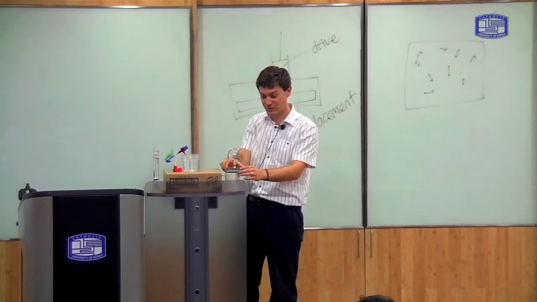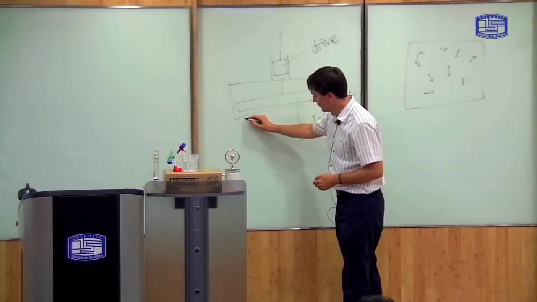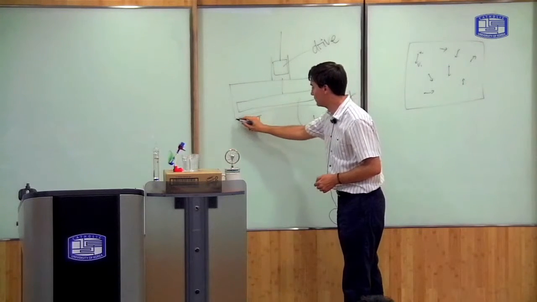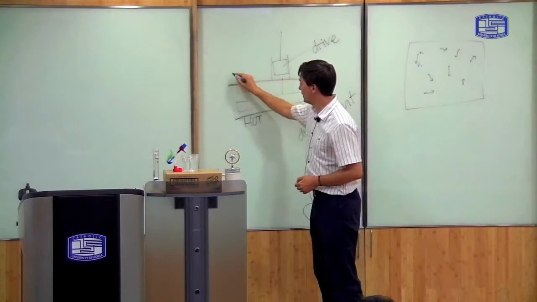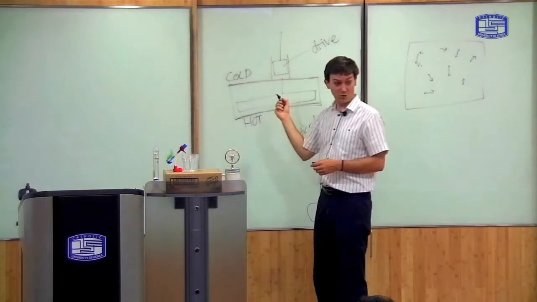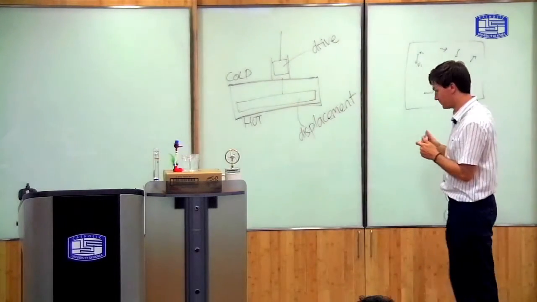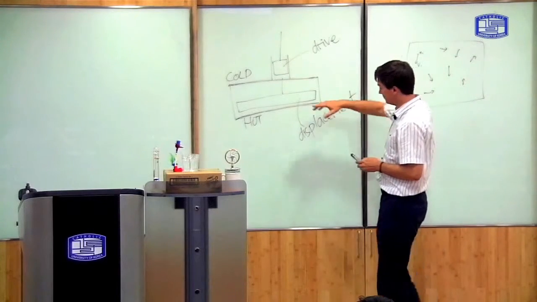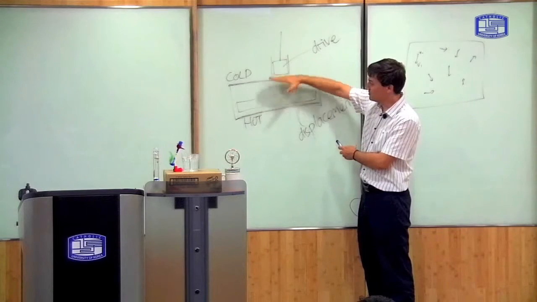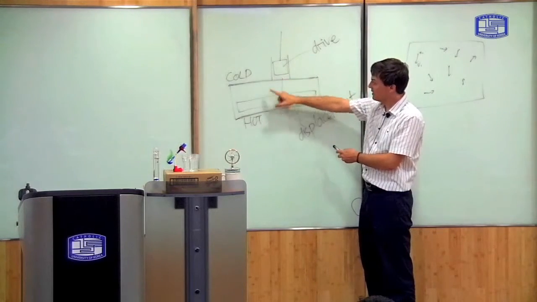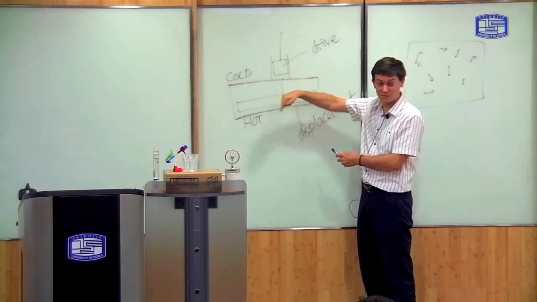Okay, so there's hot water in there, which means that the bottom here is hot, and the top here is cold, or at least colder. Okay, so there's a temperature difference. Now, as this big displacement piston moves up and down, it pushes the air either towards the cold part or towards the hot part. Okay?